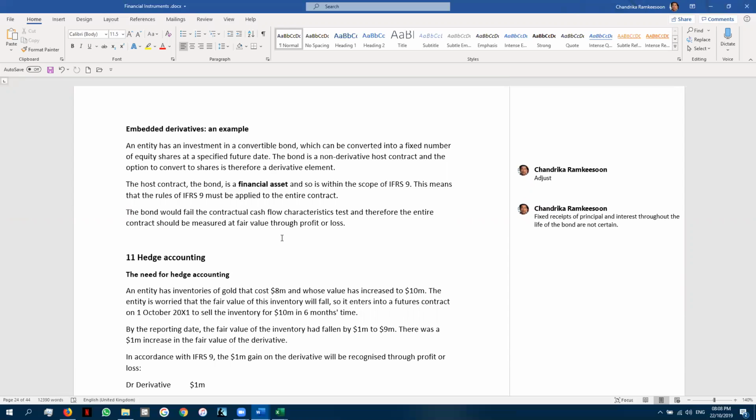Earlier, we saw where entity A wanted to buy a certain amount of shares in future. To protect themselves against adverse movement, they decided to use a call option, which is a derivative instrument. Now that transaction was not an example of an embedded derivative. It's two entirely separate things.